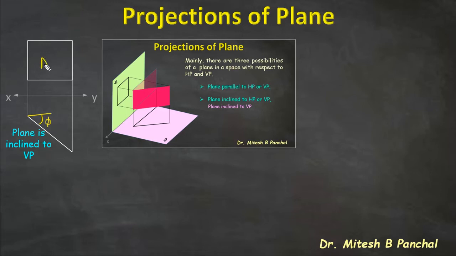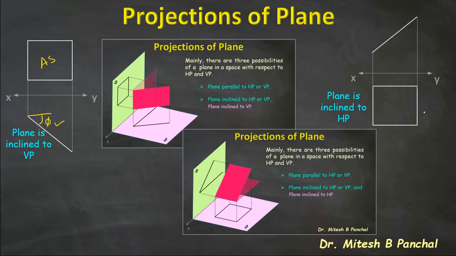So here the front view is the apparent shape and the top view is the line, which is inclined at an angle phi with the XY line. And when the plane is inclined to HP, the top view will be an apparent shape and the front view is the line view, which is inclined at an angle theta with respect to the XY line.